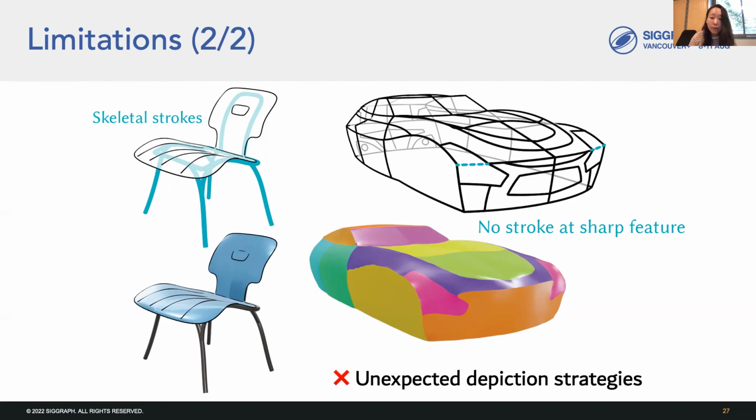Similarly, a core assumption of our method is that a sharp feature of the surface is represented, at least approximately, by one or multiple strokes. This makes it hard for our method to correctly detect sharp features otherwise, even if other shape cues clearly indicate the presence of a sharp feature, such as a sharp corner on a neighboring stroke, as is the case here on this car headlight.